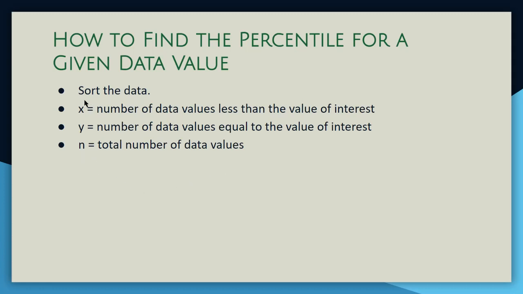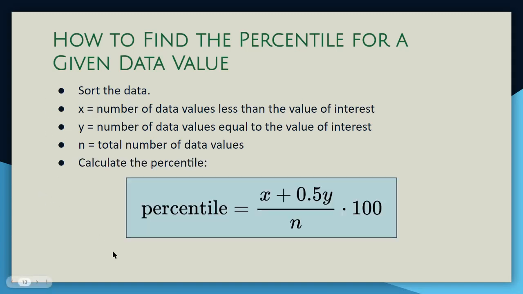And we're going to use the 3 pieces of information to predict what that percentile ranking is. So to calculate the percentile, we take the number of data values less than the data value we're given, and we add to that half of the y value, half the number of repeats, and then we divide that by the total number of data values.